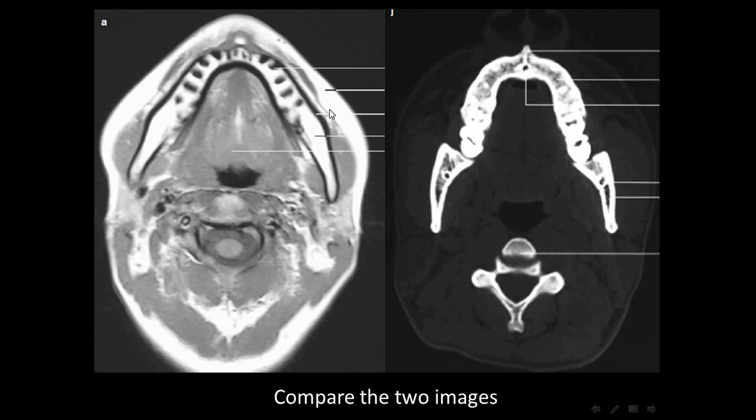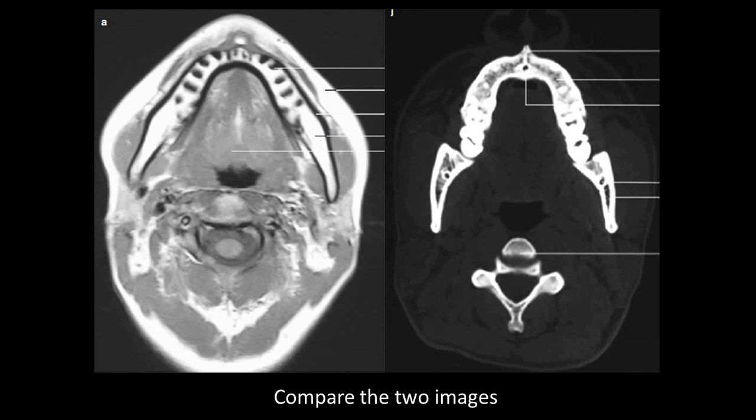Is seen here dark on MRI. That's because this structure has immobile proteins. So they do not resonate on MRI images, so they look very dark. But what is inside here and what looks hypodense on CT is seen very hyperintense on MRI. This is the bone marrow.